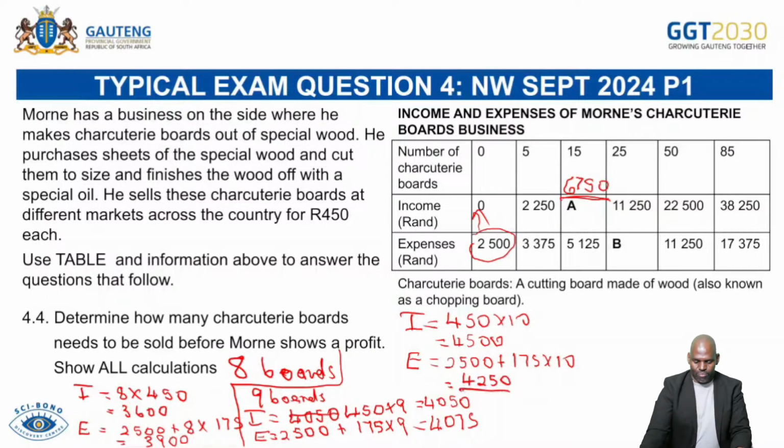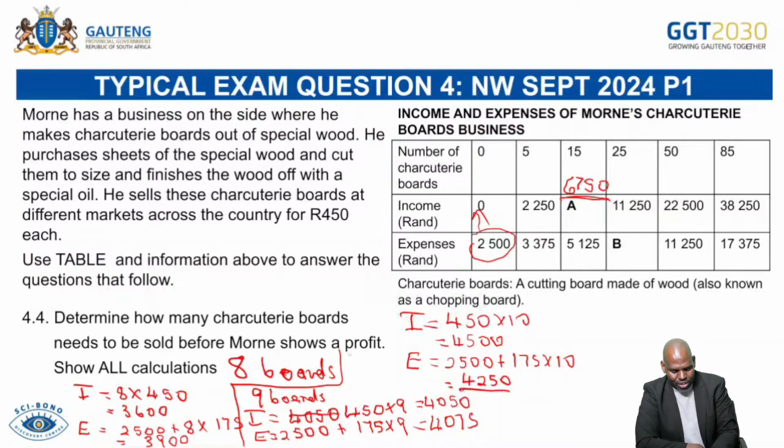So that one still, they are not equal. Then if I take 11, I get 4,950 for the income, and the expenses are 4,425. Now you can see that this is actually a very, very long method.